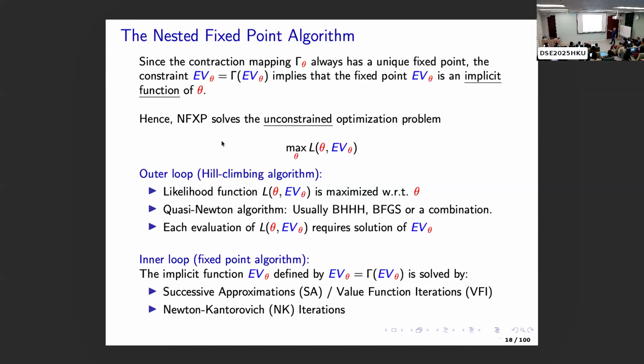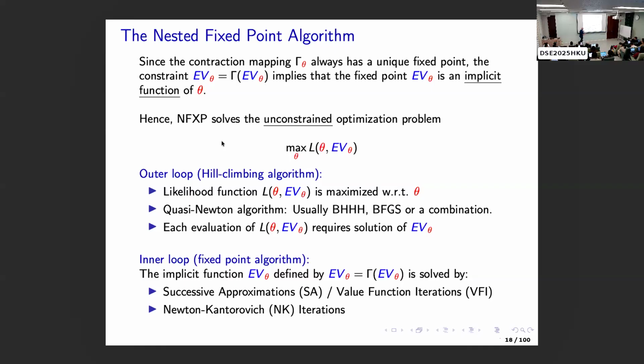Essentially, in the infinite horizon case, since this Bellman operator is a contraction mapping, the fixed point to this constraint is an implicit function of these structural parameters. And since everything is nice and continuous, you just move those parameters around, and the expected value function changes continuously.